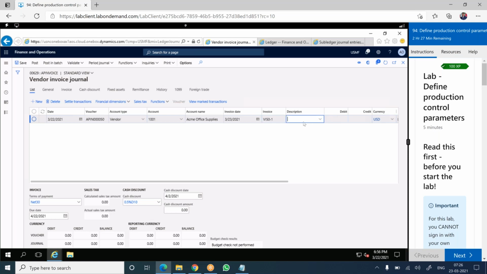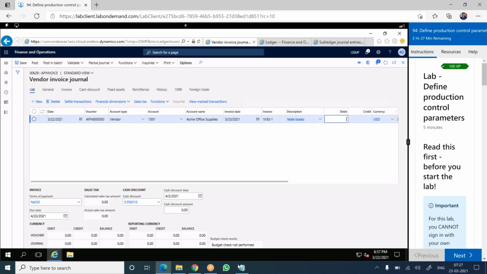I have purchased, suppose, notepads, notebooks.